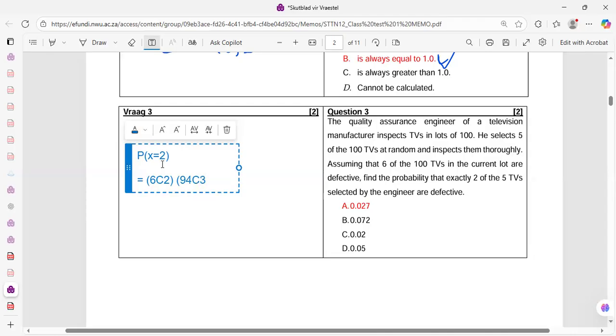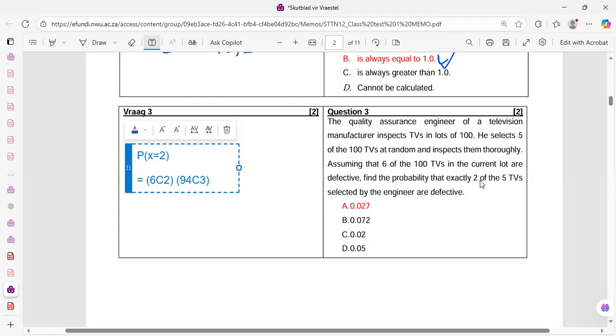Remember, look at the question, he selects 5 of the 100 TVs at random, and they say find the probability that exactly 2 of the 5 TVs.